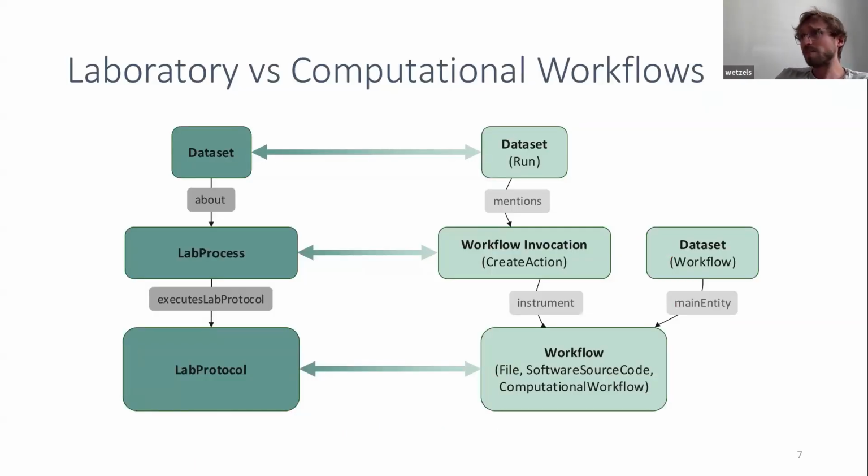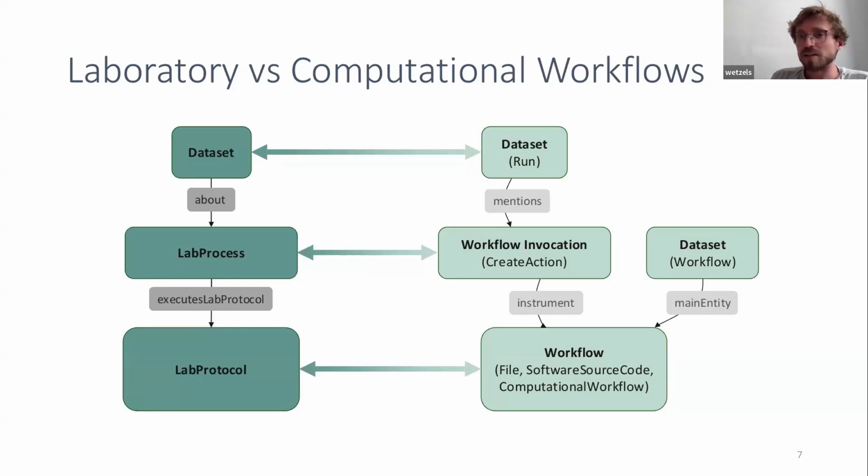If you look at the hierarchy for computational workflows, we want this here on the right. We want the same thing for laboratory processes. So you have one dataset. This has a list of lab processes, and they are connected to lab protocols, which describe the prospective perspective on those processes.